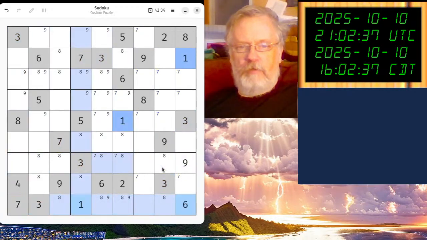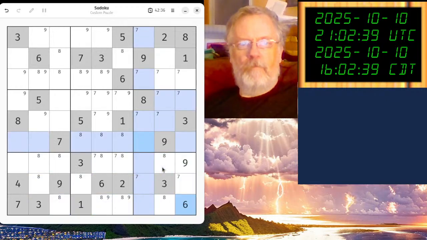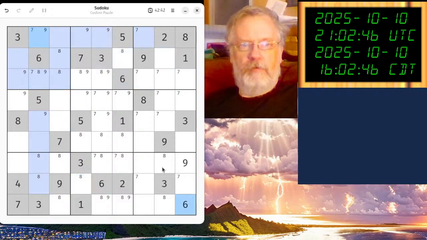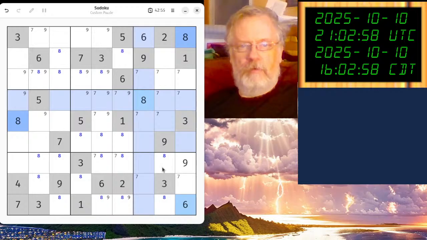This one blocks these 2. 2 possible 7s here. And I believe that we now have 7s everywhere. That we should. 6s. We can solve a 6 here.